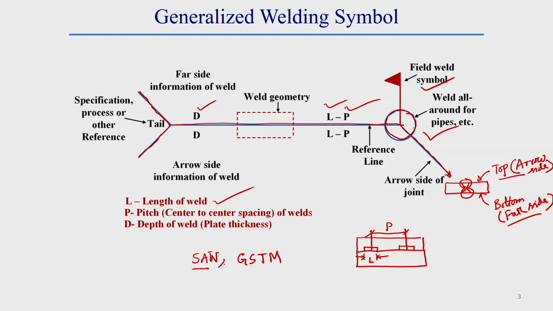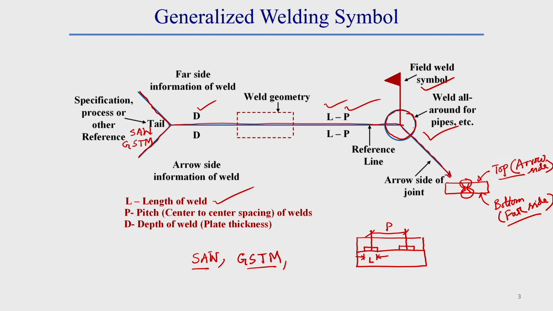So these are all references, that means what types of welding we are going to use, and let's say we have also used some specification of a specified electrode. So all the details will generally be given in this tail region, that means what types of welding procedure, submerged arc welding, GTAW, some sort of specification and other things we have to provide in this tail region.